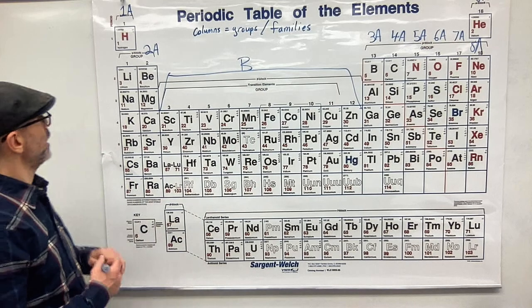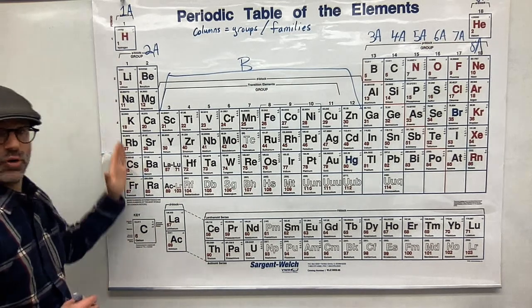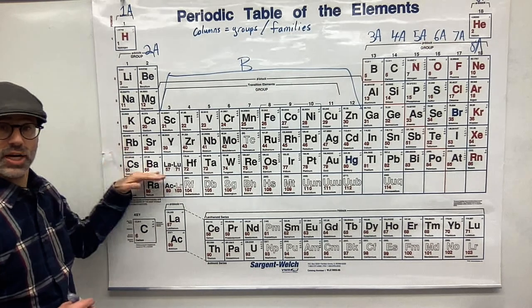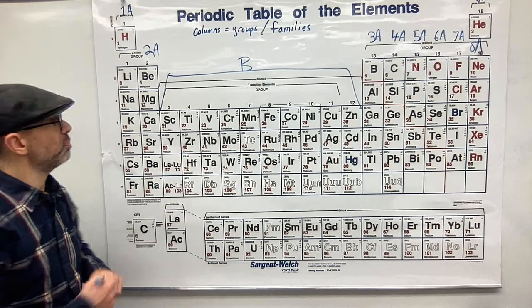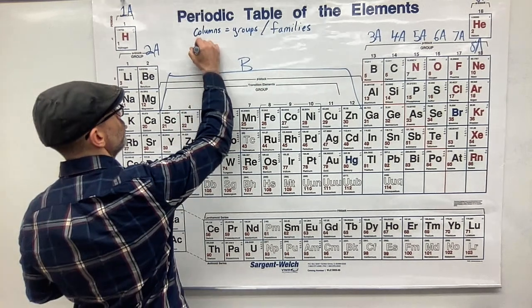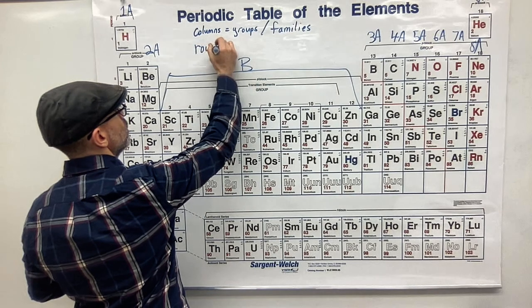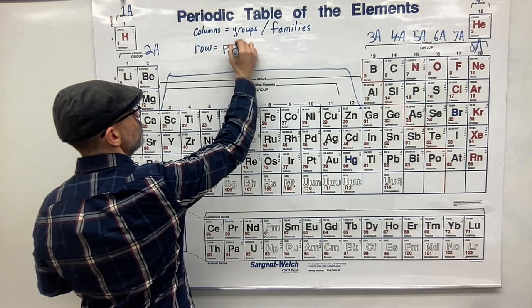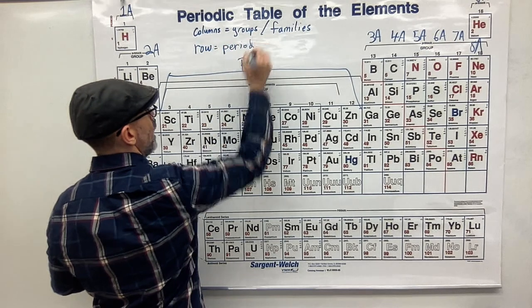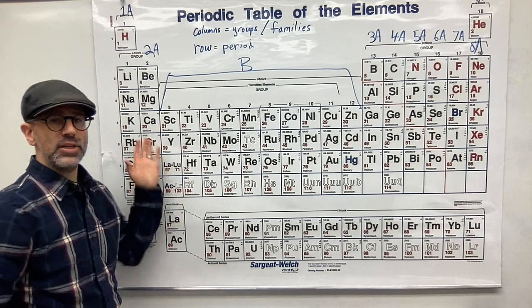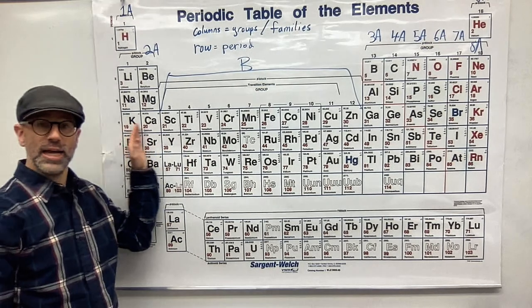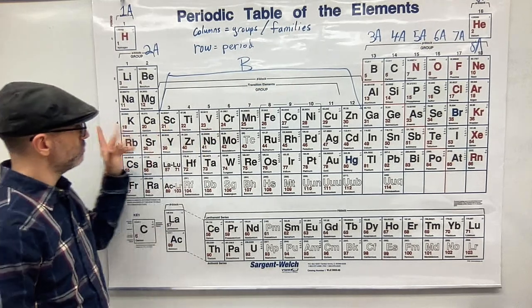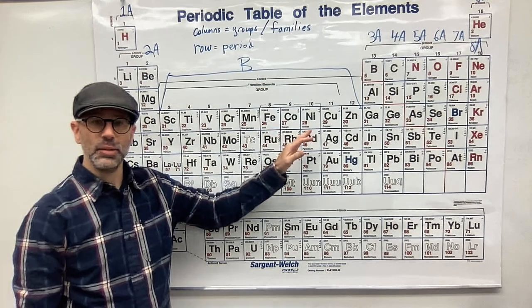Also, I want to point out here that your rows here are also numbered. And what we call the rows, we call them periods. So the rows on the periodic table are referred to as a period. And the reason it's called a period is because there is a periodic pattern in the periodic table.